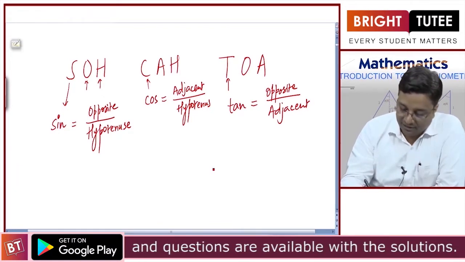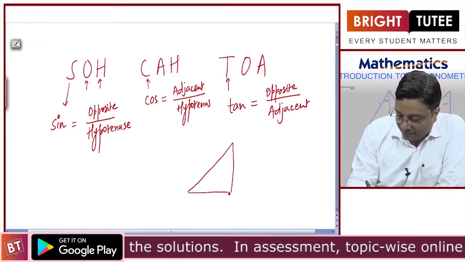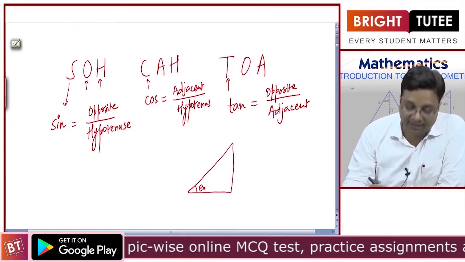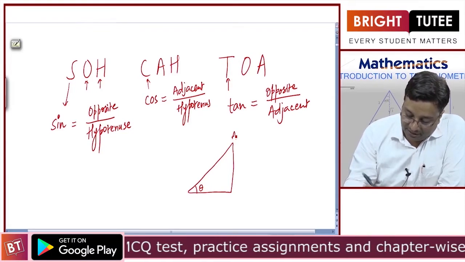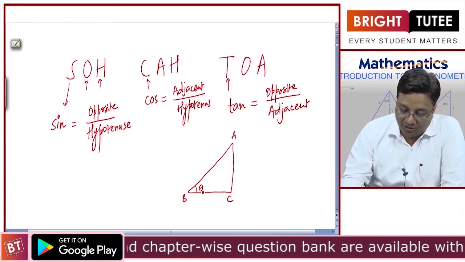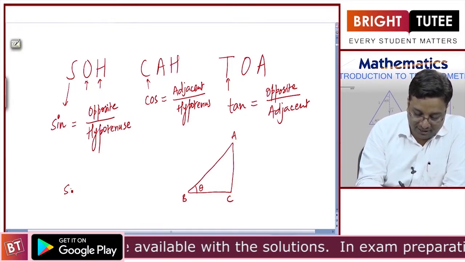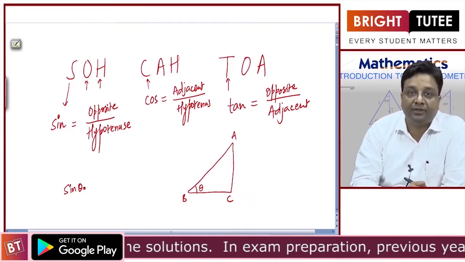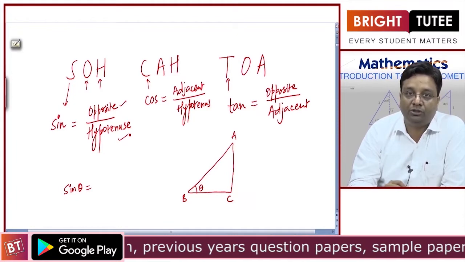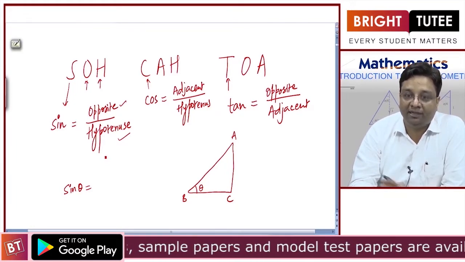What I mean is, let us take this right angle triangle here and let's talk about this angle. Okay, let's denote it by theta again, and let's say this is A, this is B, this is C. Okay, so when I talk about sine of angle theta, I'll write sin theta. Okay, and what it means is opposite by hypotenuse. So SOH CAH TOA, sine is opposite by hypotenuse.